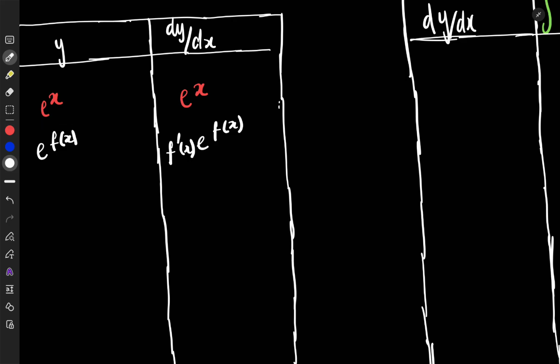But now when it's e to the, say, ax plus b, we are not saying we have only one function. Now we'll be having 2, because ax plus b alone is a function. It's a polynomial function, and we can differentiate it. And then we have this outside, which is e to the something. So the inside is ax plus b.